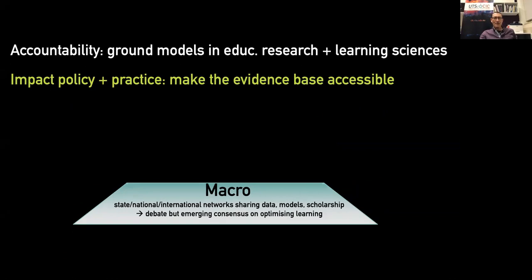Policymakers and teachers and parents are not necessarily going to read our beautiful journal papers. So we have to work hard to make that evidence base accessible at the state, national, international level. We need to be sharing our models, and perhaps we need to be sharing our data, but learner data is different from climate data, and there are obvious concerns around where that data goes and whether it can really be anonymized. But we can certainly be sharing models at this level.